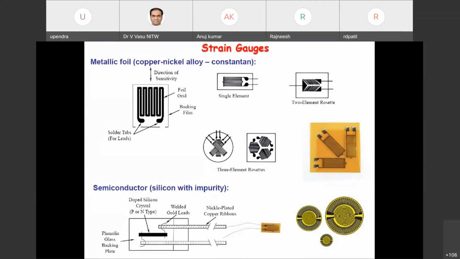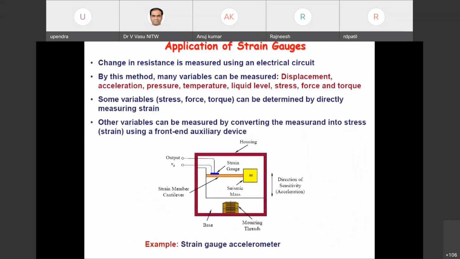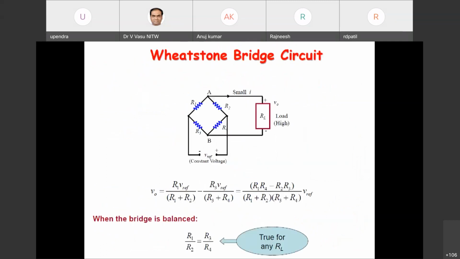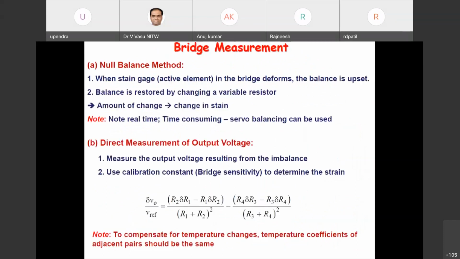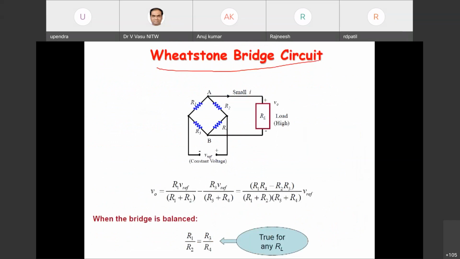If you apply any force on it, the strain gauge will also undergo strain, a change in length and diameter, and correspondingly we can measure the forces. That is the working principle of strain gauges. Using the Wheatstone bridge technique, you can measure the change in resistance in the strain gauge and, from the corresponding voltage change, calculate the force acting.